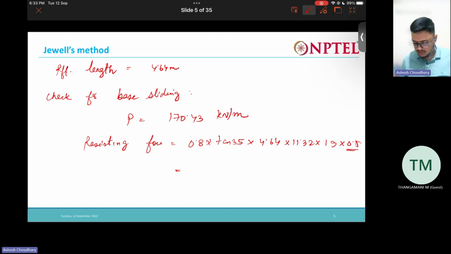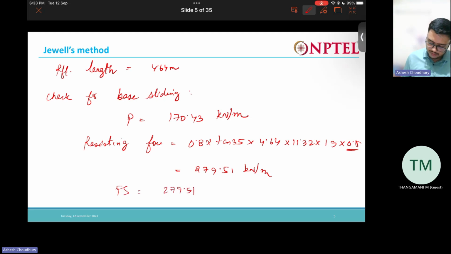So let us see. 0.8 times 1035 times... 279.51 kilonewton per meter. So what is the factor of safety in sliding? 279.51 divided by 170.43 is 1.64, which is greater than 1.5.